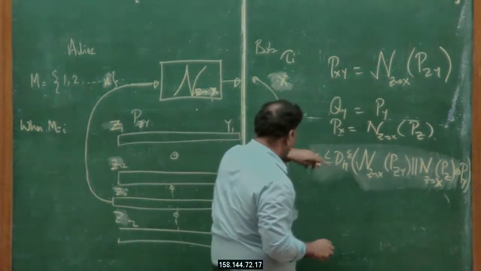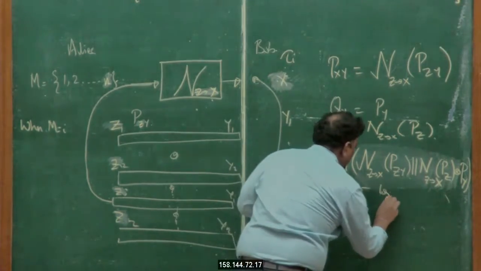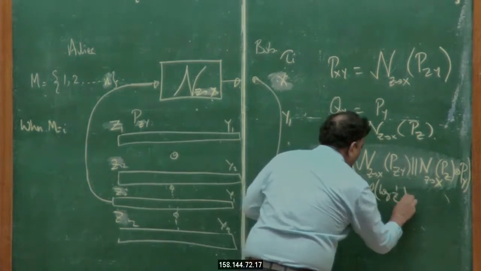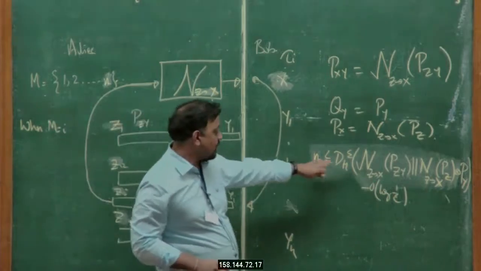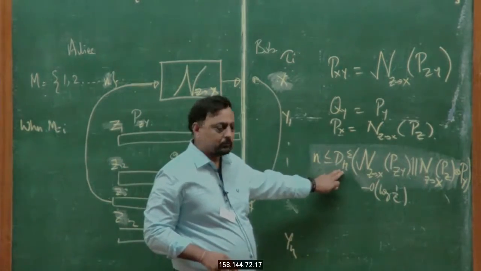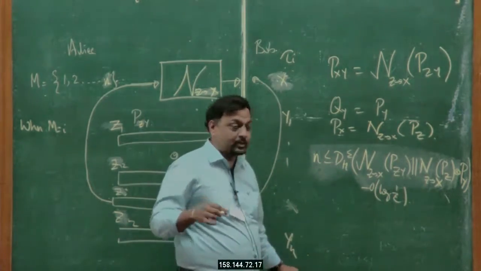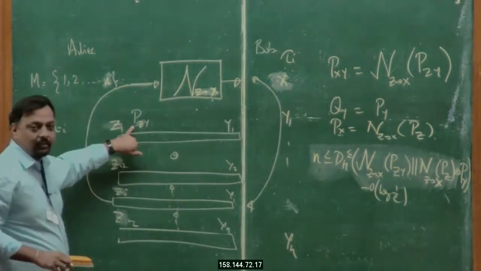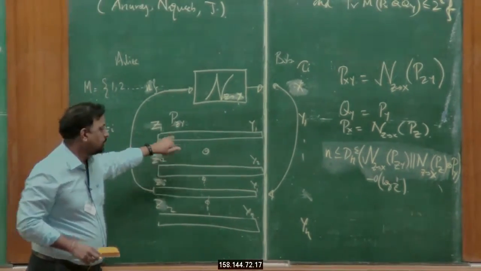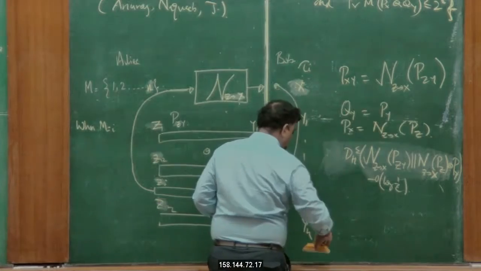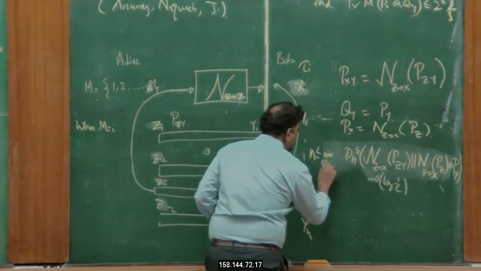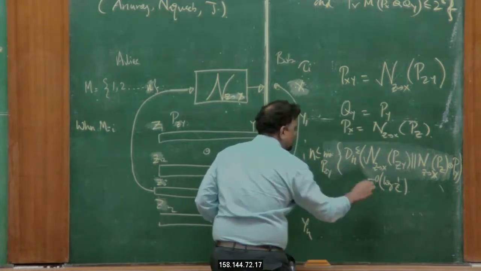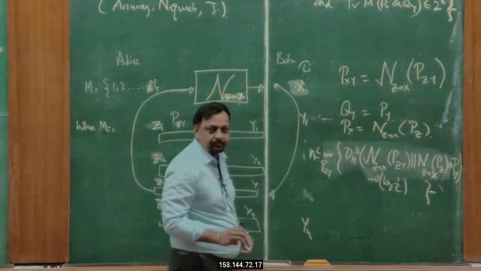Okay, roughly like this, maybe minus order log 1 over epsilon. Now we can see that in the asymptotic setting, because we have the freedom of choosing any PZY, we can let n be the max over PZY of this.